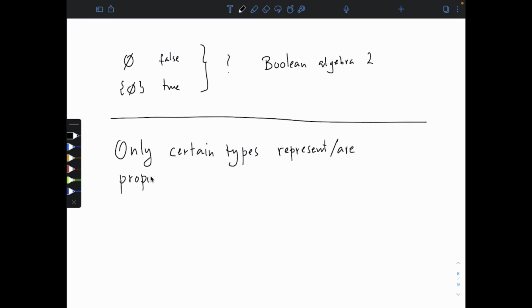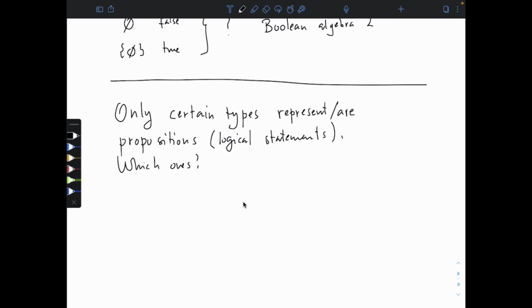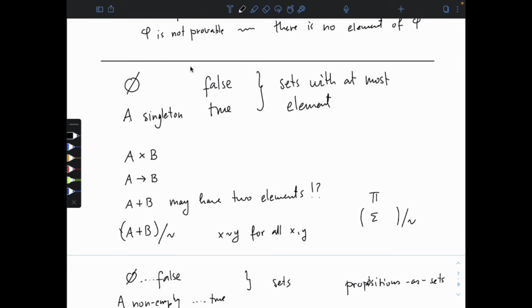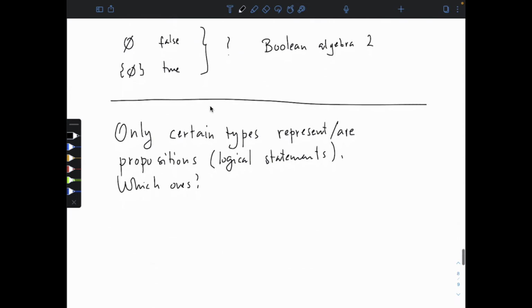By proposition, I mean have a logical character, are logical statements. Which ones? Well, the ones with at most one element. So we subscribe to this view that says in type theory, we speak of provability of propositions, not proofs.